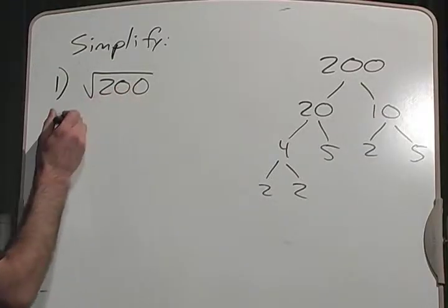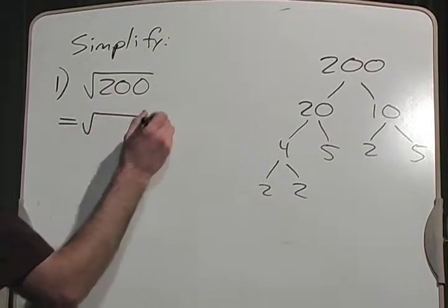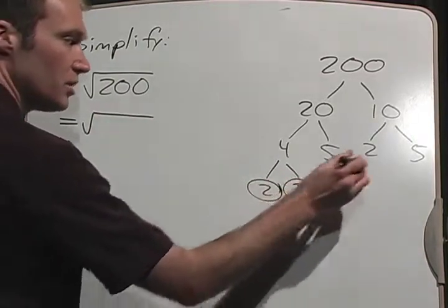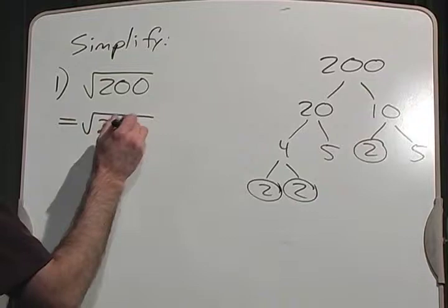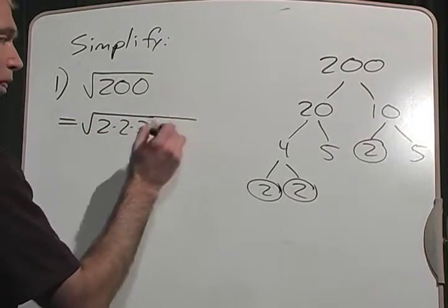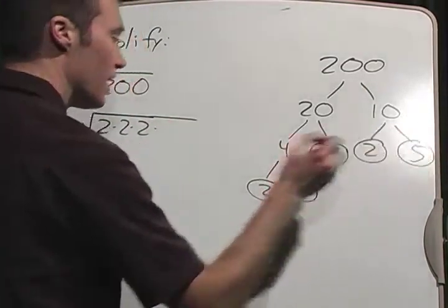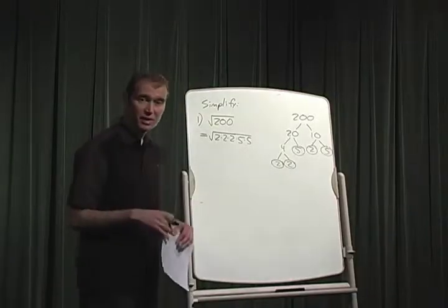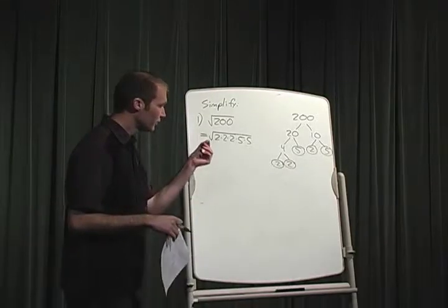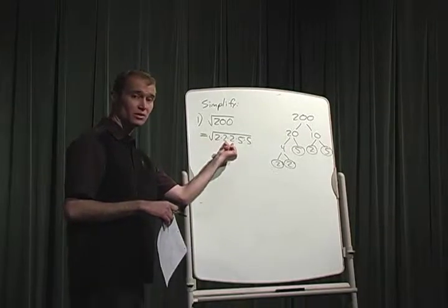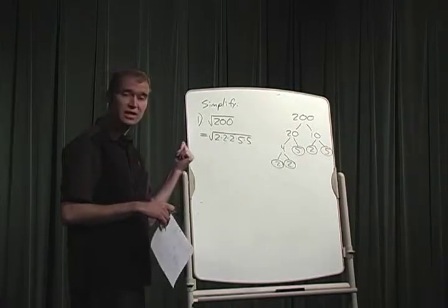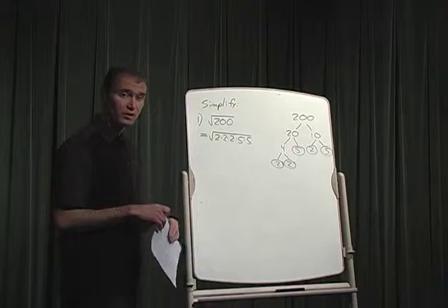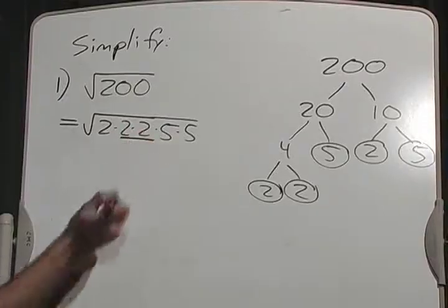So the square root of 200 is equal to the square root of 2 times 2 times 2 times 5 times 5. And then remember my expression that every pair underneath the radical equals one representative on the outside of the radical. So I see a pair of 2's right here.